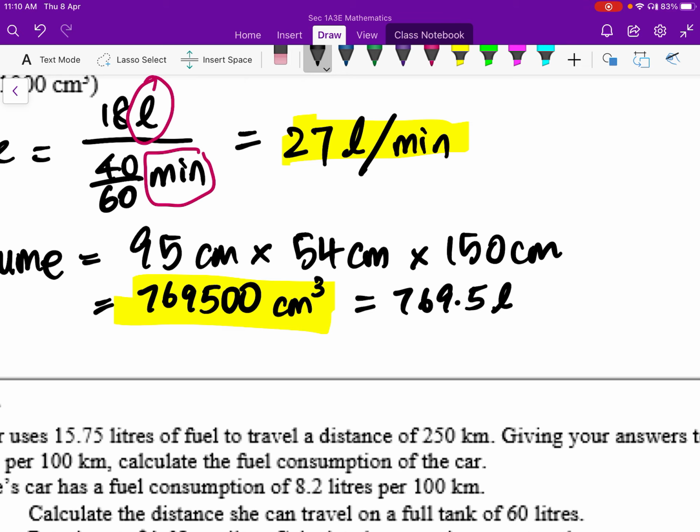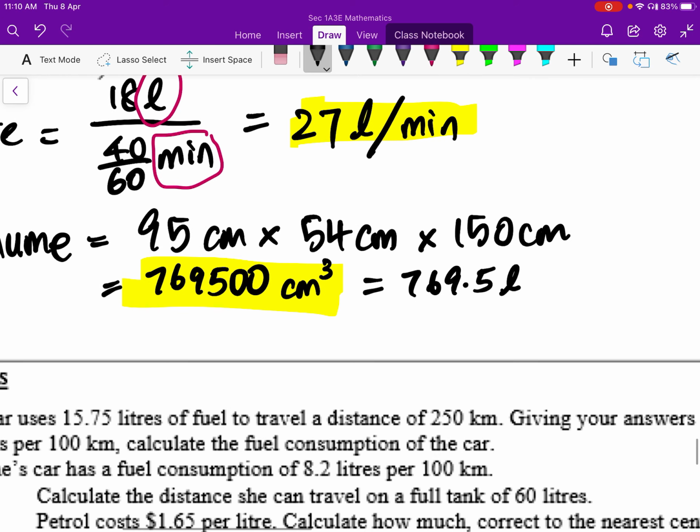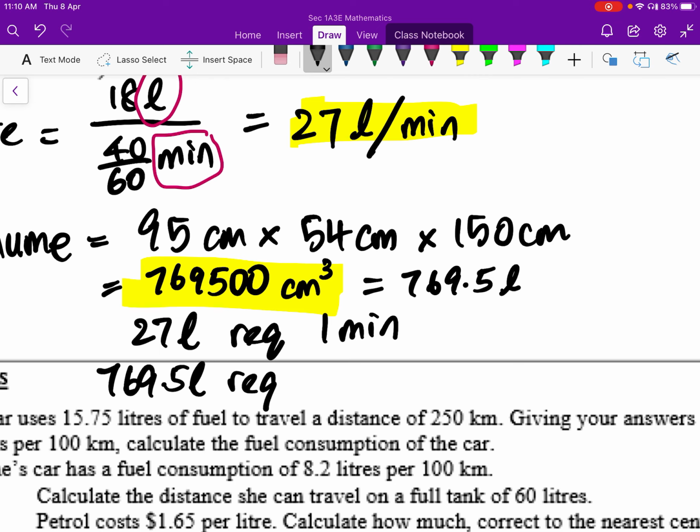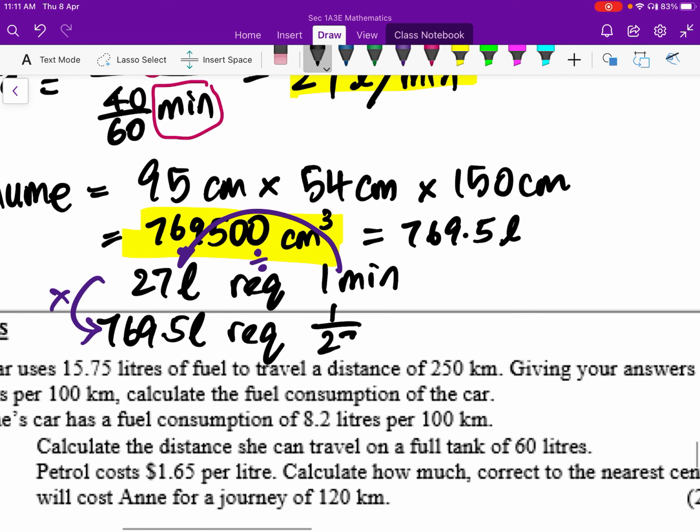Again, I'll be using my usual structure that will always work for direct proportion, in this case as well as for rate. So 27 liters requires 1 minute. Then 769.5 liters will then require, same thing, divide, then I multiply, leaving me with 1 over 27 times 769.5.